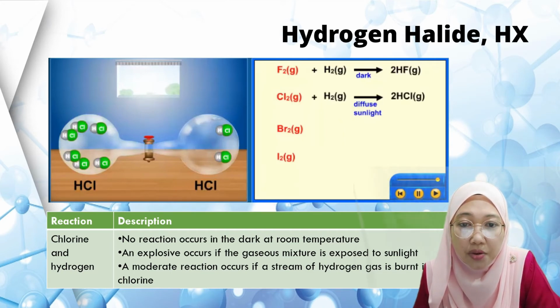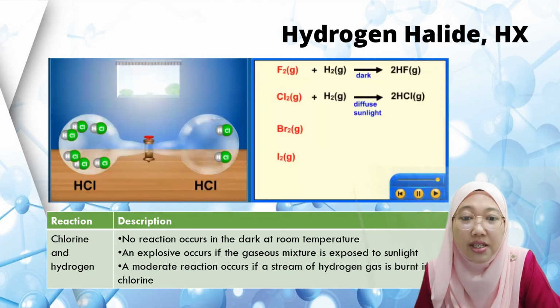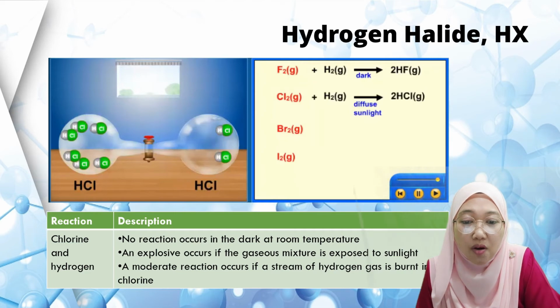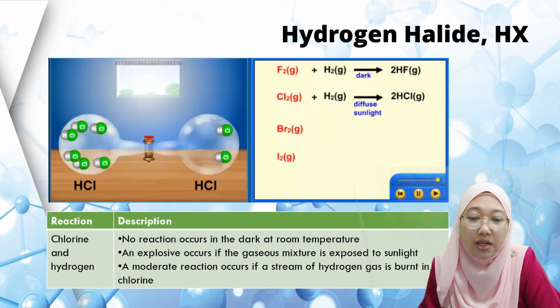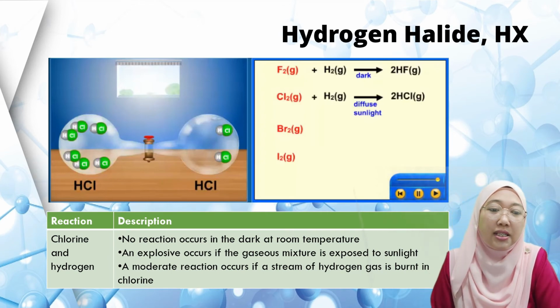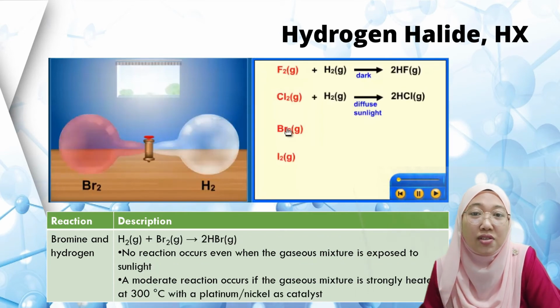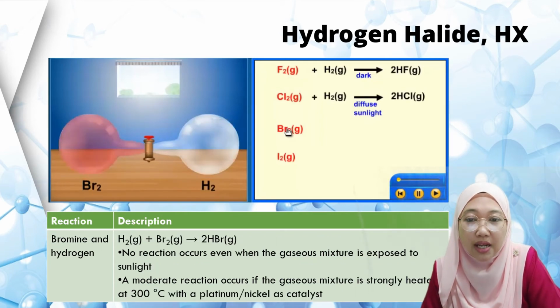That's why chlorine reacts with hydrogen in diffuse sunlight. An explosion occurs if the gaseous mixture is exposed to sunlight. A moderate reaction occurs if a stream of hydrogen gas is burned in chlorine. So we use sunlight, but diffuse sunlight, not direct.